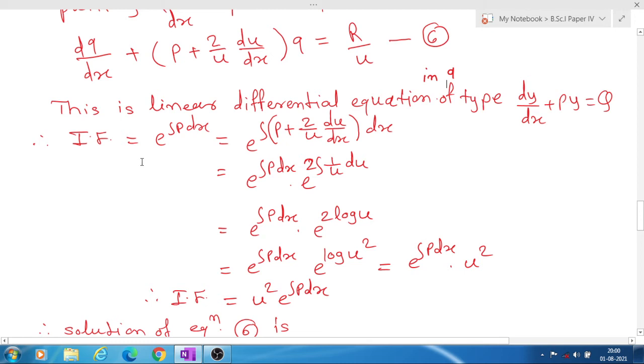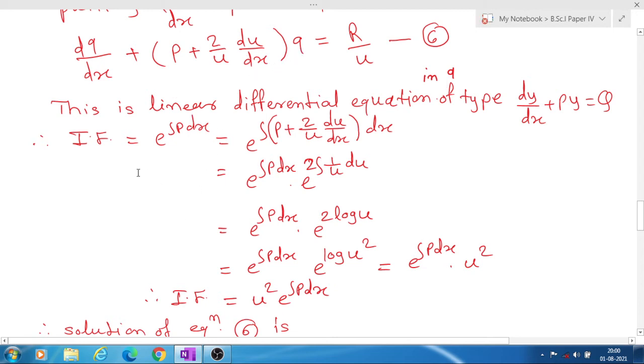The integrating factor is equal to e raised to integral p dx. If the standard linear differential equation dy by dx plus p into y is equal to q is considered, then the integrating factor is e raised to this p dx. So p means the coefficient of y; in our equation, p means the coefficient of q.